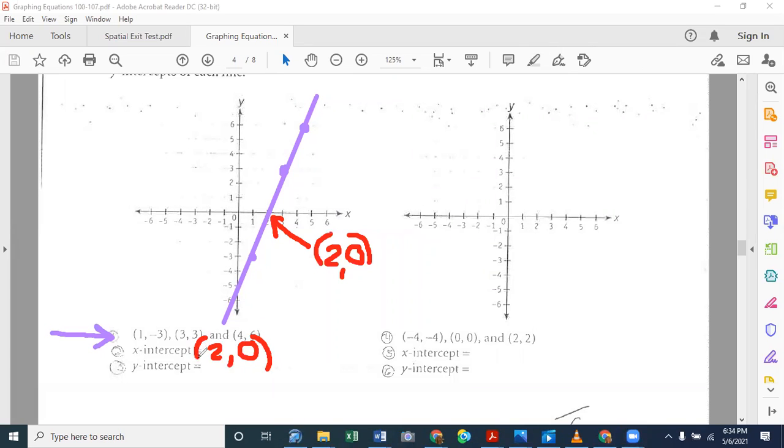Now let's find the y-intercept. The y-intercept is used much more than the x-intercept when you do these linear equations. So let's find it. It looks like it's right there at -5. So what are the coordinates at that point? Well, what is the x value? X is 0. Remember that at the y-intercept, x is always 0.